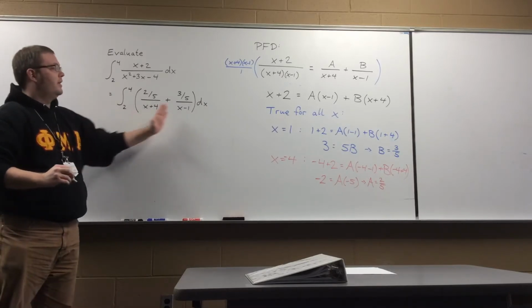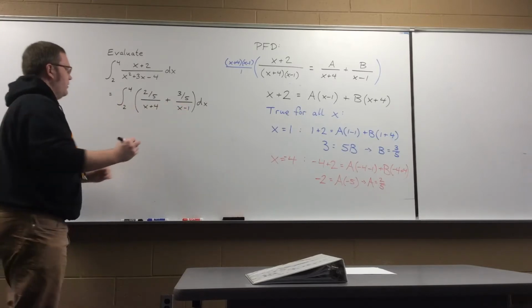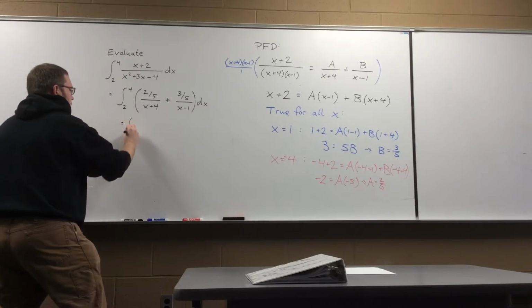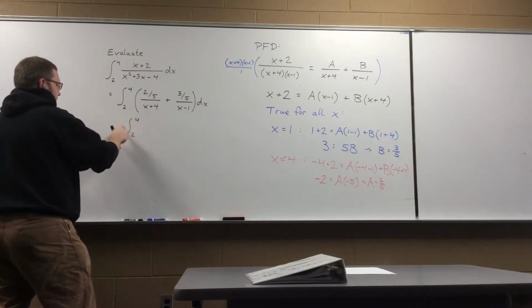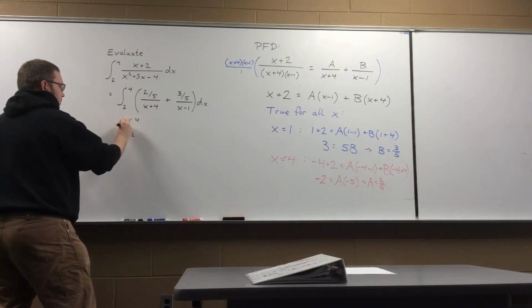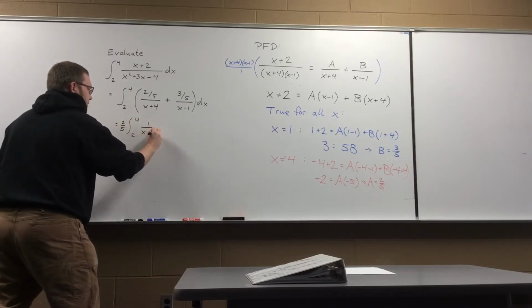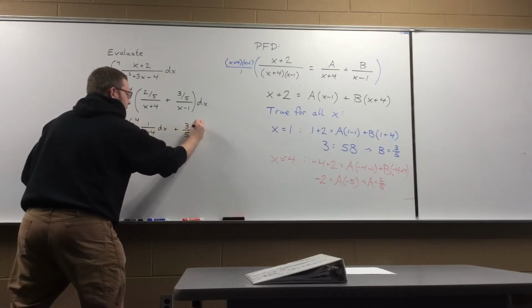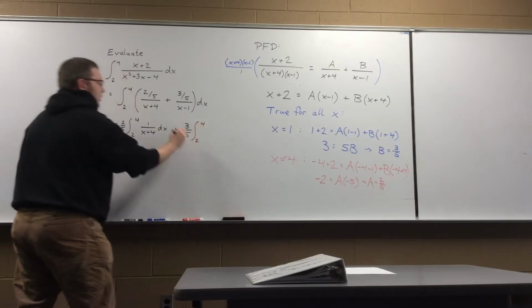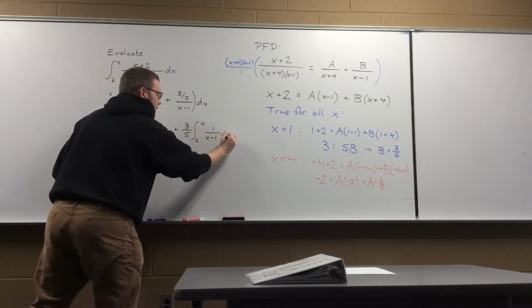All right, everything that's up here can be evaluated basically directly, technically with a u substitution. What I'm going to observe is that through properties of definite integrals, I can pull this 2/5 outside and call this 1 over x plus 4 dx. And do the same thing with the second integral and call this 3/5 times the definite integral of 1 over x minus 1 dx.